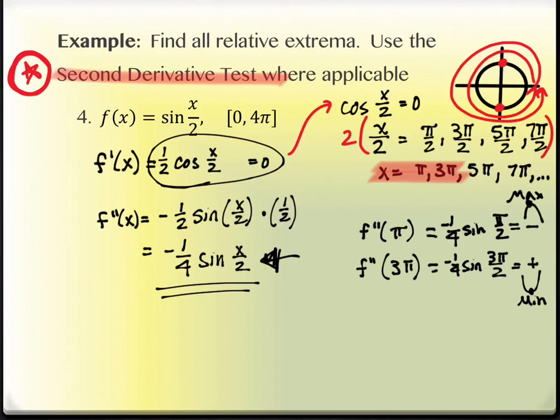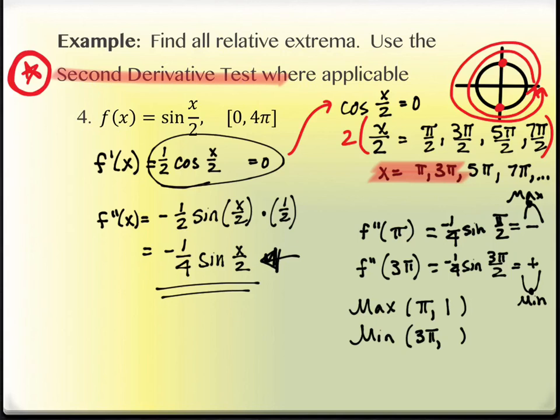So what did I do? I have a max at pi something, and I have a min at 3 pi something. How do I find out the y values that correspond? Original equation. So if I do sine of pi over 2, what do I get? I get 1. That's my max.